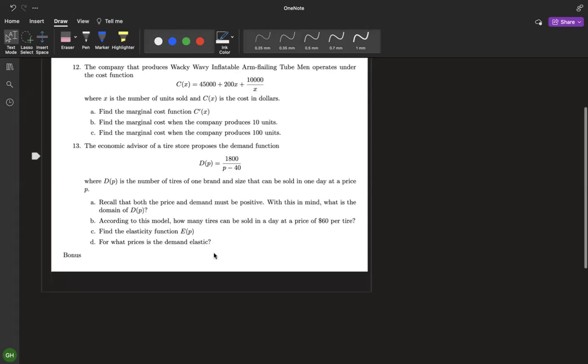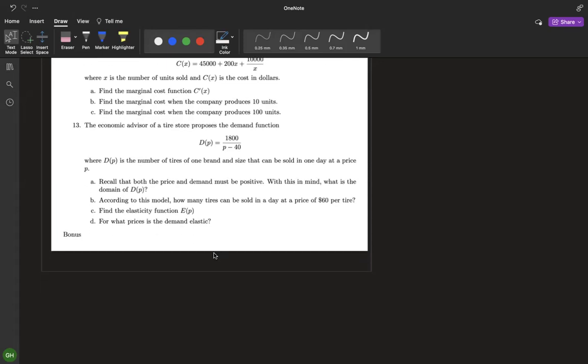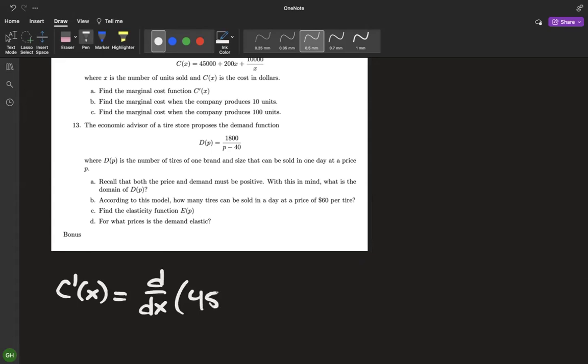Right. So the marginal cost is just the derivative. So it's going to be d by dx of 45,000 plus 200x plus 10,000 over x.